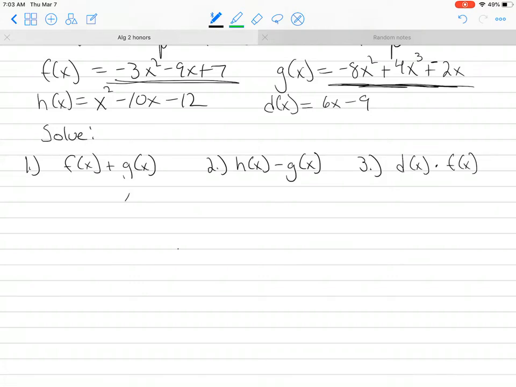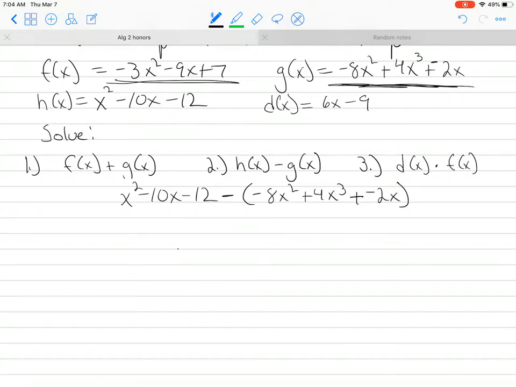So h of x says x squared minus 10x minus 12 minus g of x, which is negative 8x squared plus 4x cubed, basically minus, or I'll write it how I wrote it, plus negative 2x.